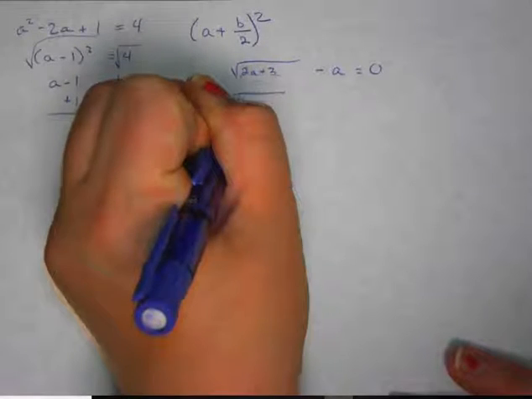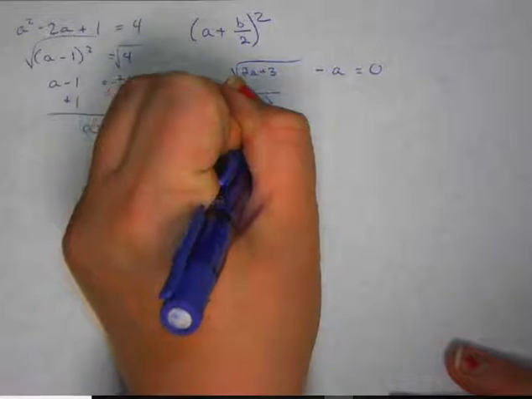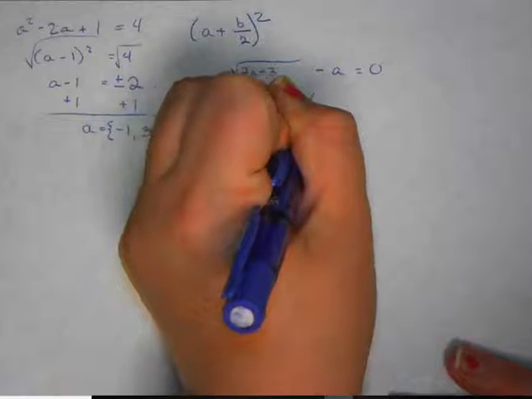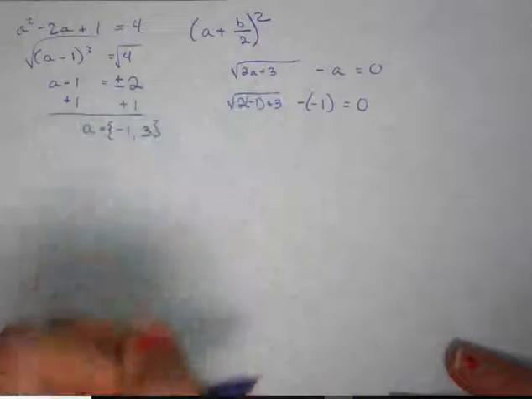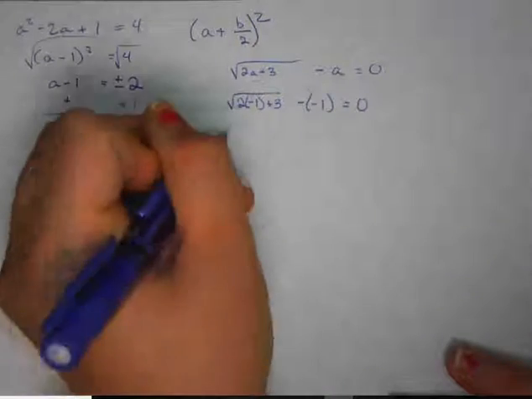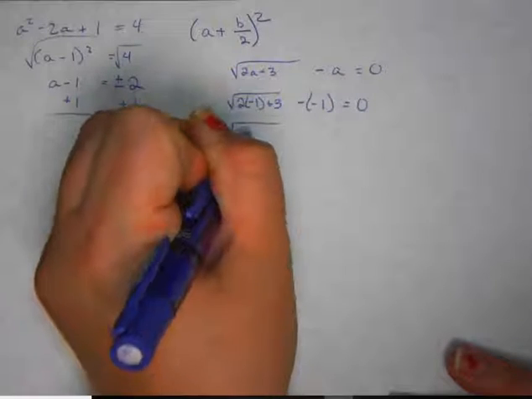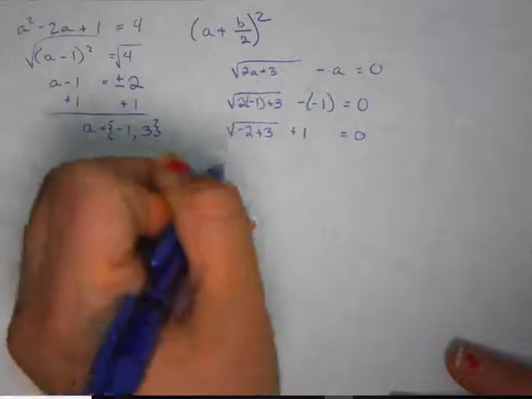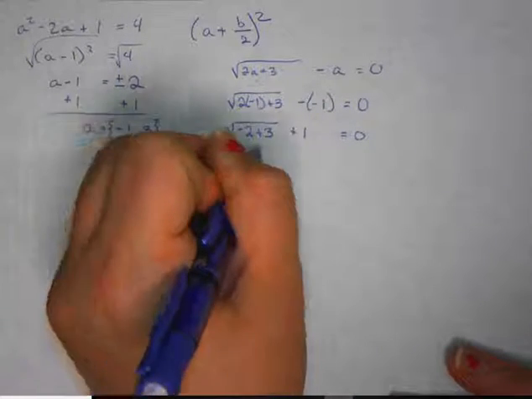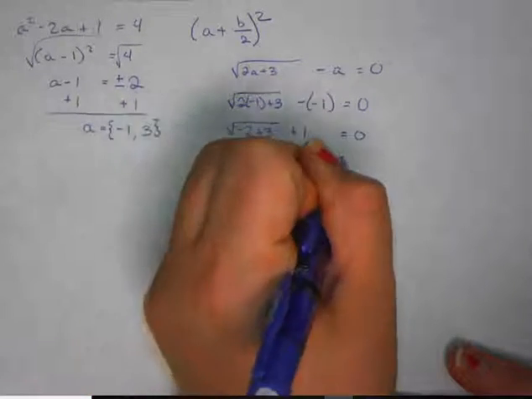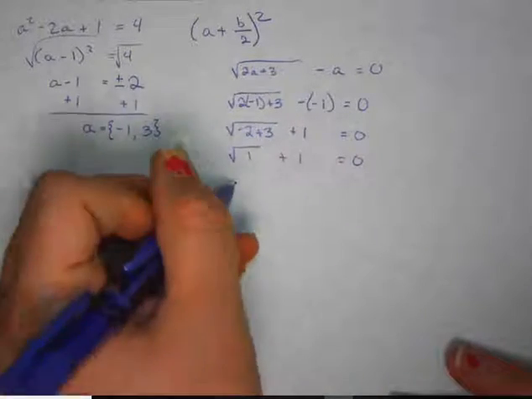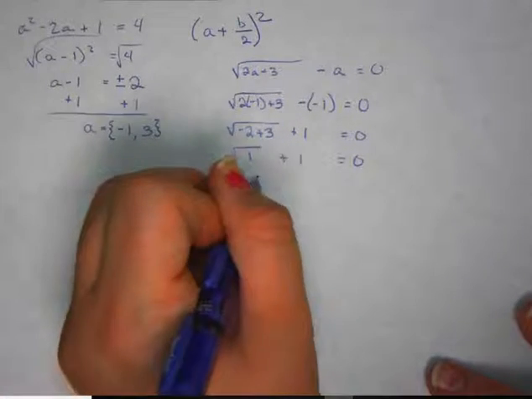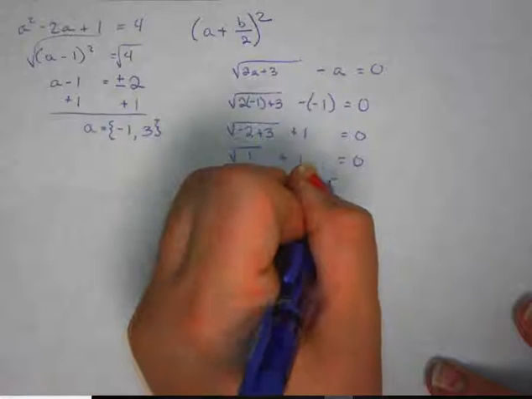So we're going to have the square root of 2 times negative 1 plus 3 minus negative 1 equals 0. And then that's going to give me negative 2 plus 3 plus 1 equals 0. And this is going to give me the square root of 1 plus 1 equals 0. And then the square root of 1 is 1, plus 1 equals 0.